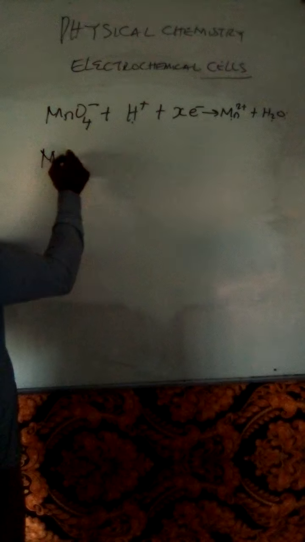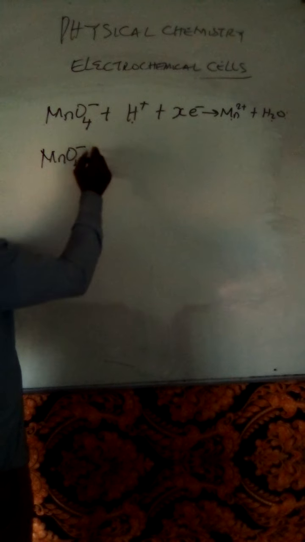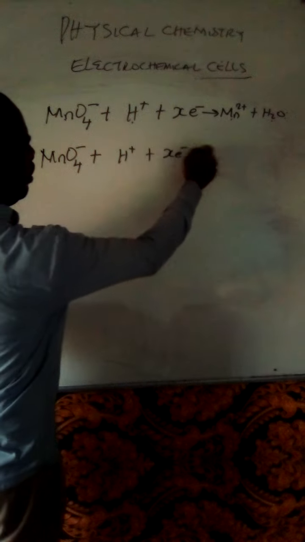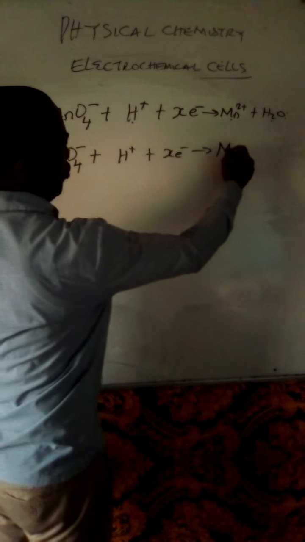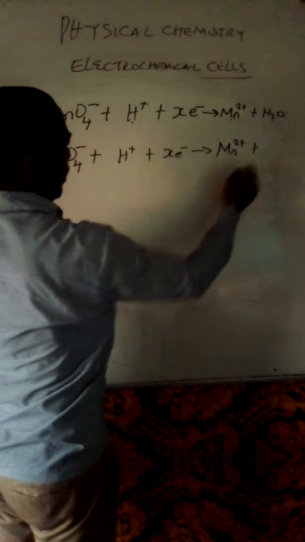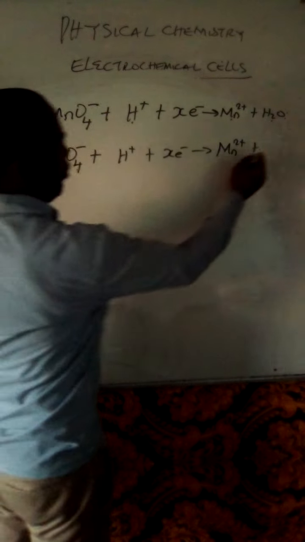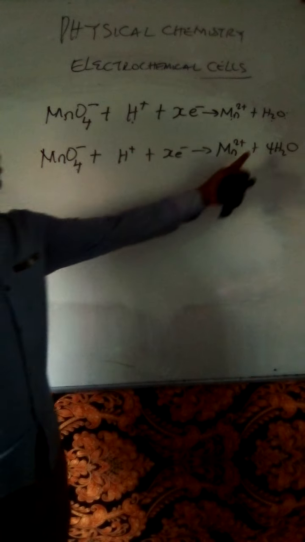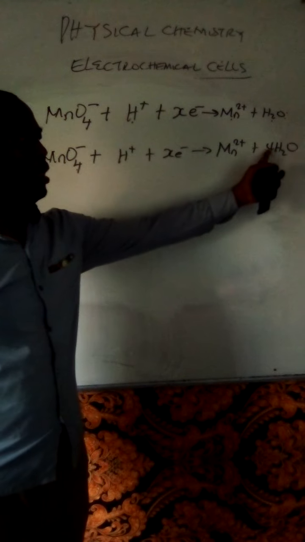We now say MnO4 negative plus S plus Se giving us manganese 2 ion. Let's start with oxygen. So oxygen is 4 here. We put 4 in front of water, giving us 4 atoms of oxygen. Then by putting 4 here, that makes oxygen 8 atoms. 4 times 2 is 8. We also put 8 in front of hydrogen.